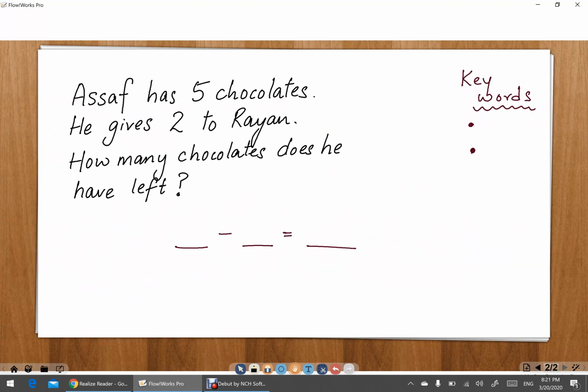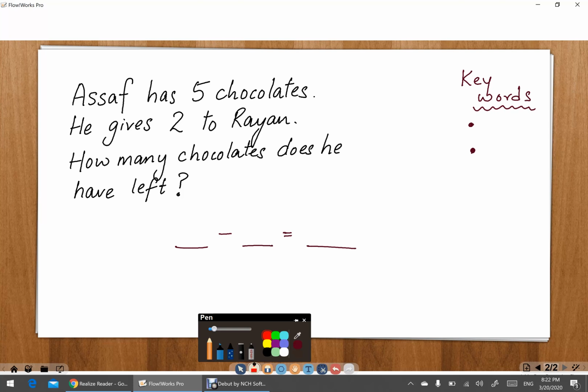Now here, let me give you one more example. Can you read with me? Asaf has 5 chocolates. He gives 2 to Rayan. How many chocolates does he have left? Let's recall what we learned last week. What did I say? When you see a problem solving, you will circle the numbers and look for the keywords.